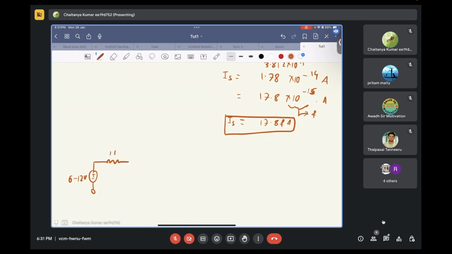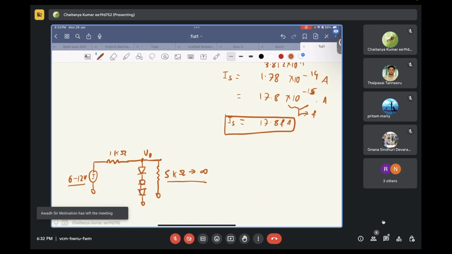Your RS is 1 kilo ohm. Then you have this voltage regulator, and then you have an RL that can vary from 5 kilo ohms all the way up to infinity. You need to tell what will be the maximum and minimum value of output voltage that can come given the ranges of input voltage and the load resistance RL.